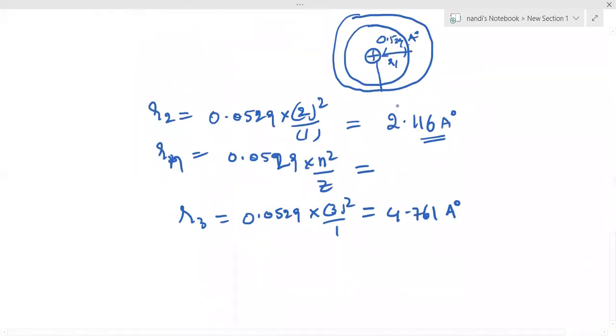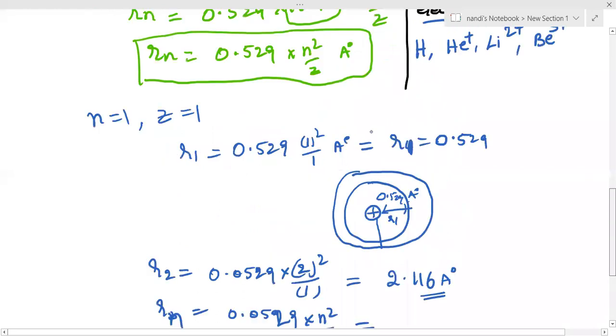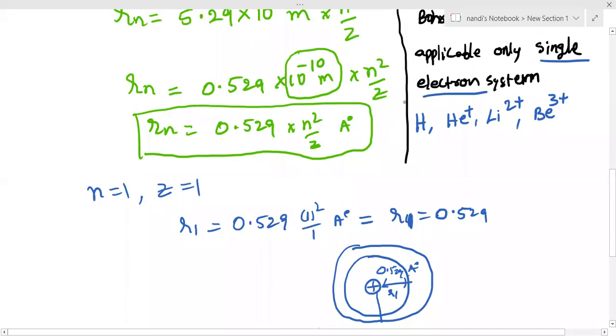Any doubts till now? How to calculate? Please check it. Here onwards, everything you can get from here. Don't get any confusion. This is the formula, and I am using this formula for every case.